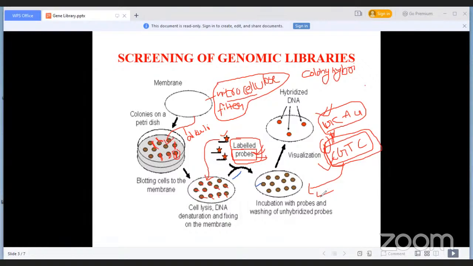Screening clear? Any doubt in this? Sir, visualization means, once again, please repeat. Where is the visualization? Here, after incubation with labeled probes.